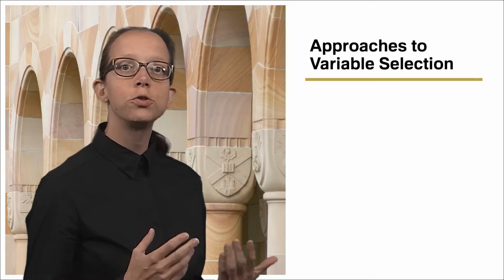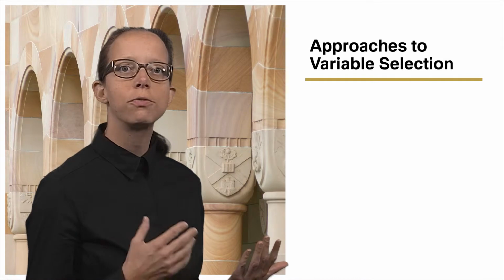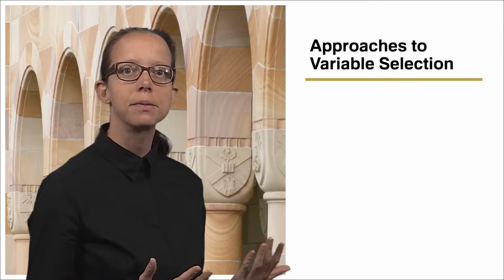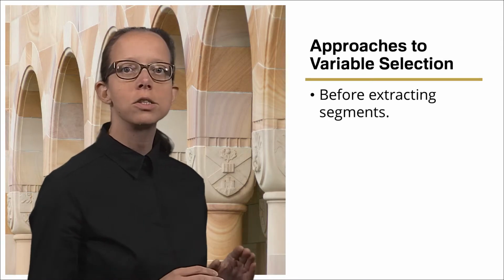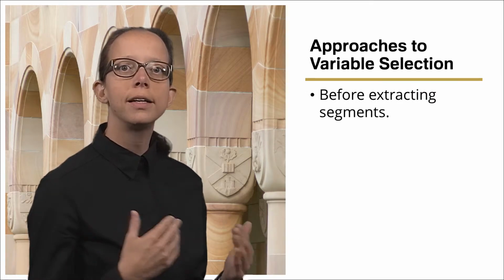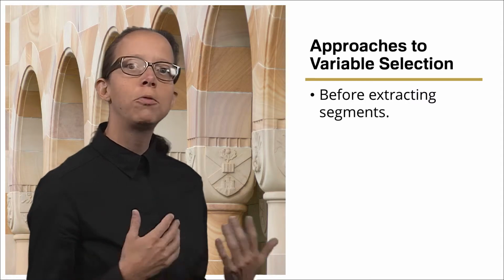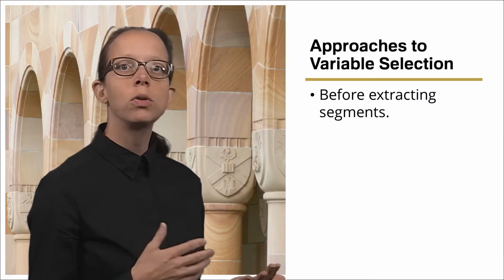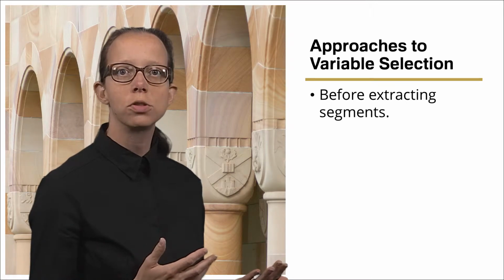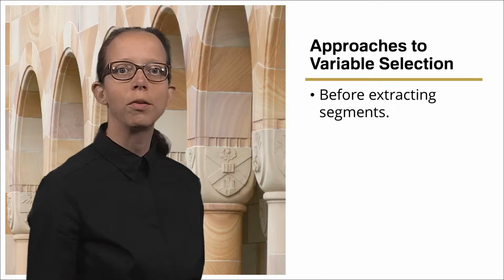We can take one of 2 possible approaches. We can try to identify the superfluous variables before extracting segments. We can inspect the distribution of each segmentation variable for the entire sample to identify variability across consumers. For example, if we study tourist activities and only 1% of tourists engage in horse riding, horse riding is probably not an informative segmentation variable.